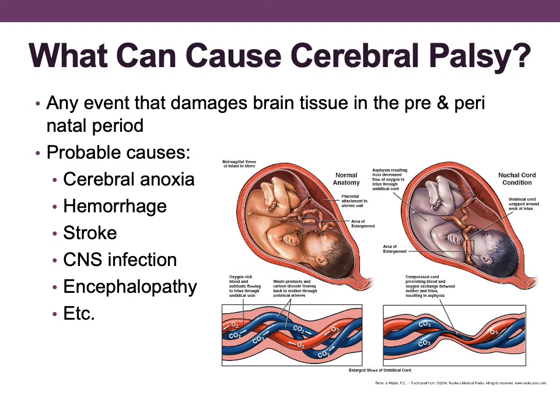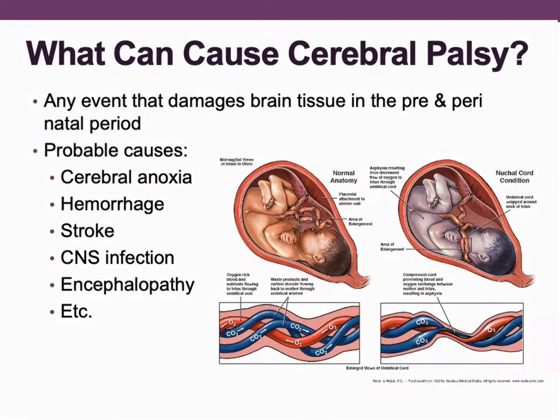Stroke can cause it. A baby can have the stroke, or a mother can have the stroke and cause the baby to lose circulation. CNS infections can cause it, and encephalopathy. There's just a multitude of conditions that can cause brain damage to the infant in this time period. But the most common ones are anoxia or hemorrhage.